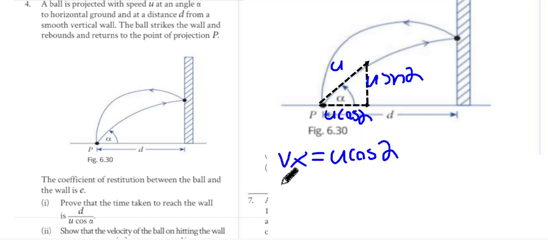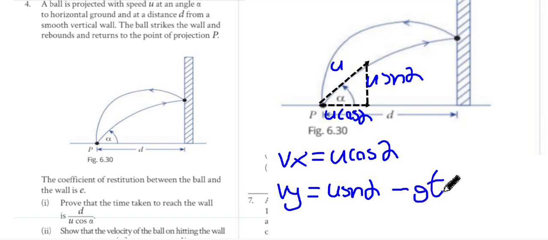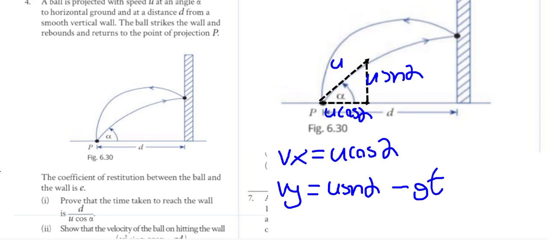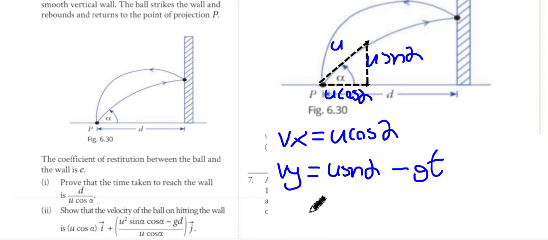Nothing else. Phi y is u sine alpha, which is this direction here, minus gt, because gravity's working against it. And then your s x is ut sine alpha, sorry, ut cos alpha. It's velocity times time.